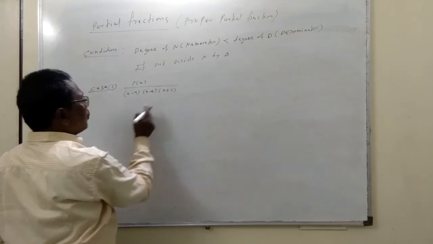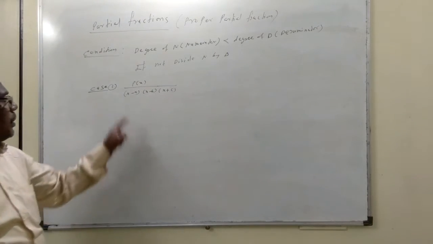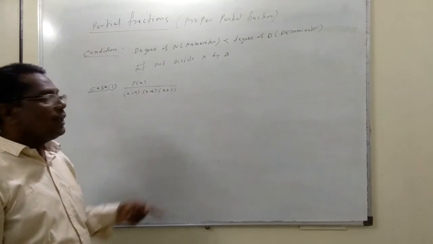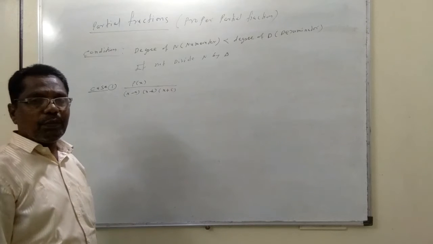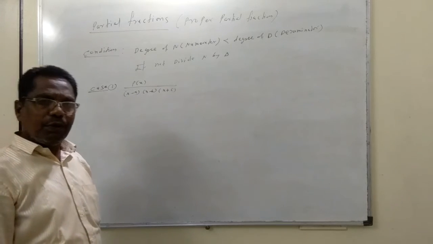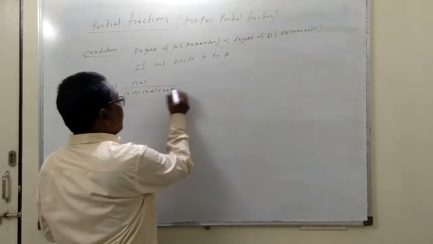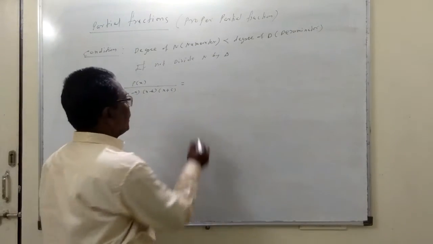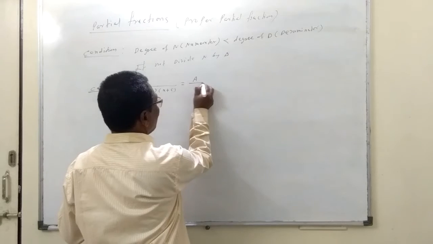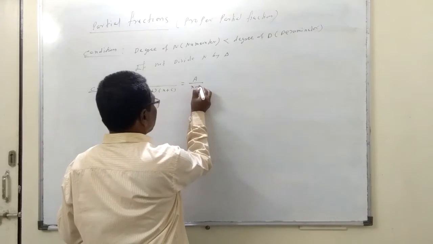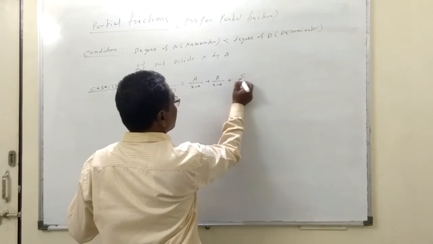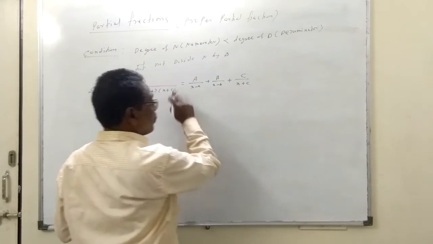Here the degree of the denominator is 3, so the degree of p of x must be less than 3, maybe 2, maybe 1, maybe 0. Here the factors are linear and not repeated, so we take arbitrary constants of 0 degree, that is A upon x minus a plus B upon x minus b plus C upon x plus c.